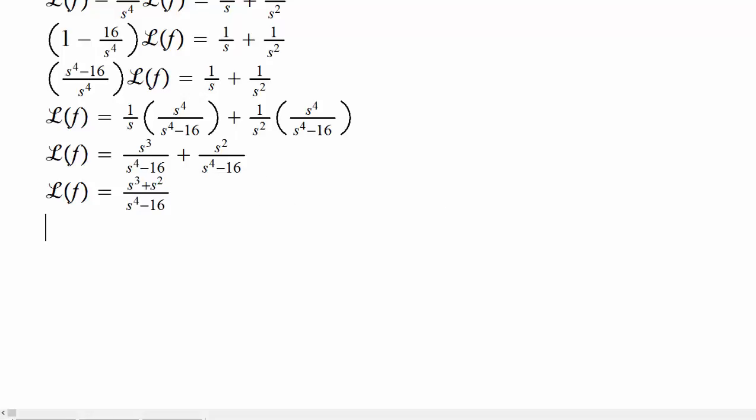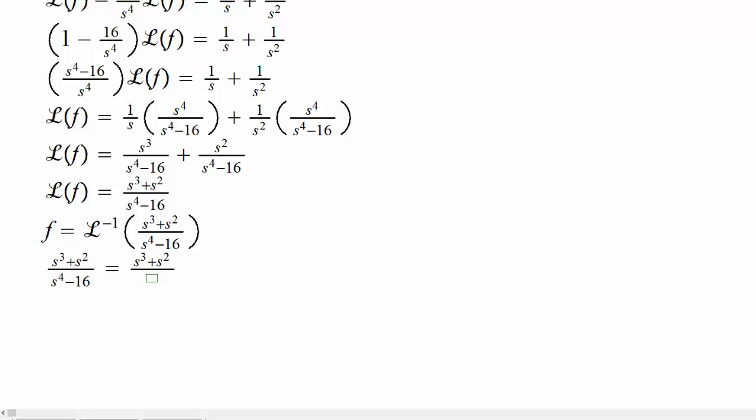So our f is going to be the inverse Laplace of this quantity here. Now you know that this is not really that big a problem. Hopefully this will be partial fractions friendly. So let's gather a little more patience and do partial fractions here.